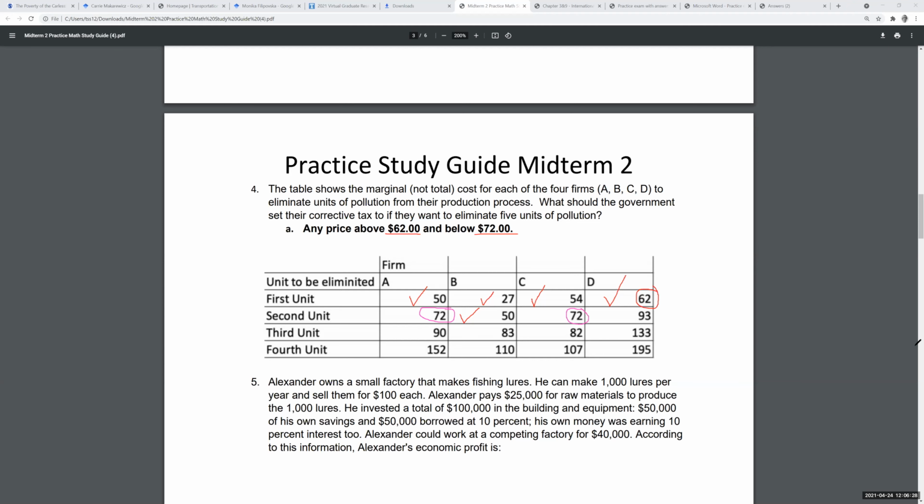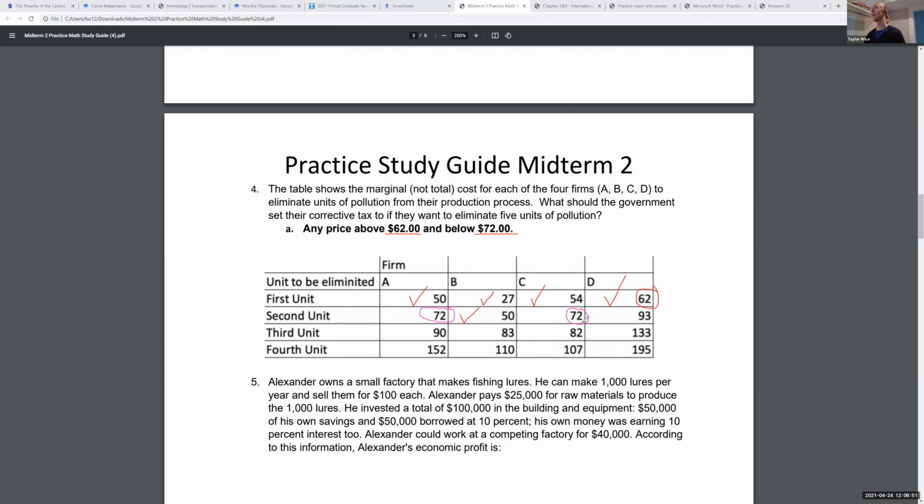Yeah, so basically you start at the lowest price and just go up from there, counting the units of pollution. And then when you get to the 5th one, that's the price it should be above. And then the next highest one would be the below price. Exactly. And the question on the exam is not going to ask you for a range.